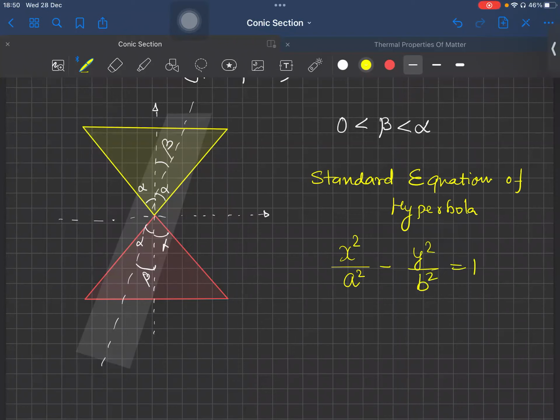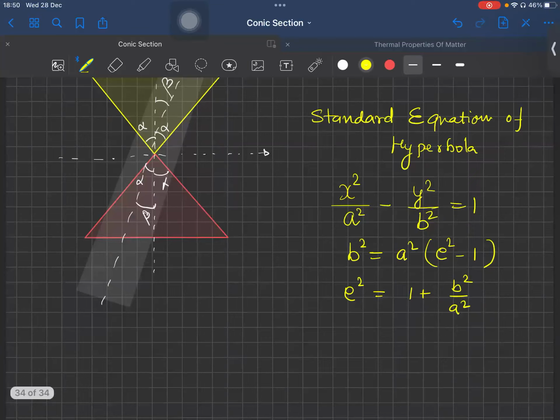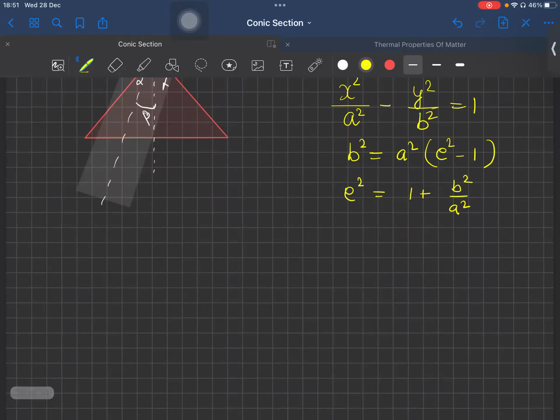Now here b square is equal to a square into e square minus 1, where e is your eccentricity greater than 1. So e square will be equal to 1 plus b square upon a square, right? Eccentricity. All right.